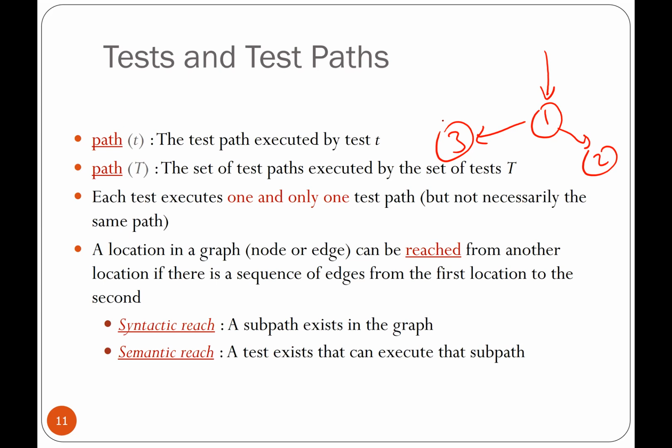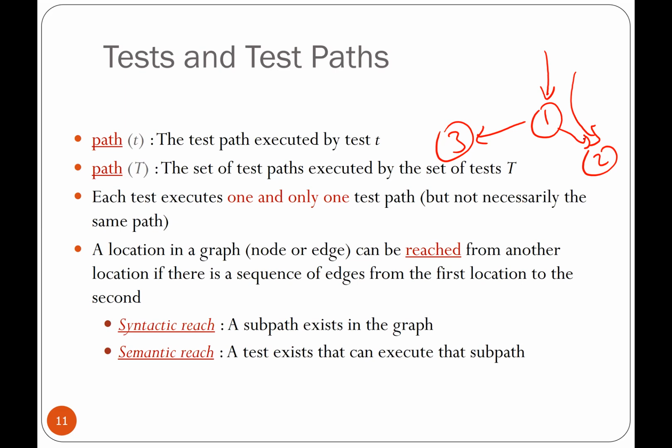Now, what if this if statement at node 1 is saying something like x has to be bigger than 0 and x has to be smaller than 0? Well, that's just not possible. x will never be bigger than 0 and smaller than 0 at the same exact time. Which means I'm always going to take one of those branches and I might not take the other branch of that if statement.